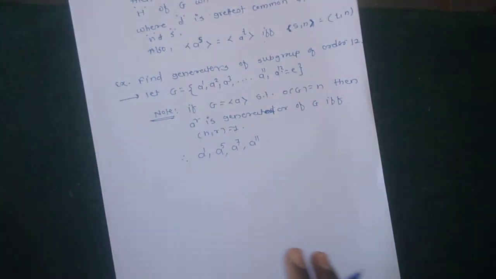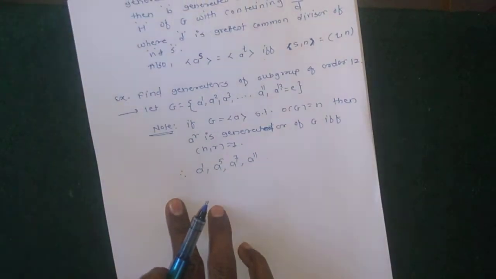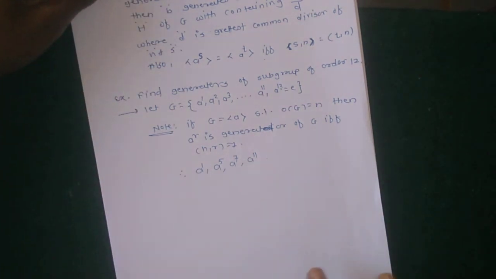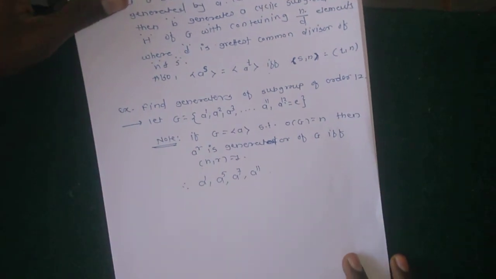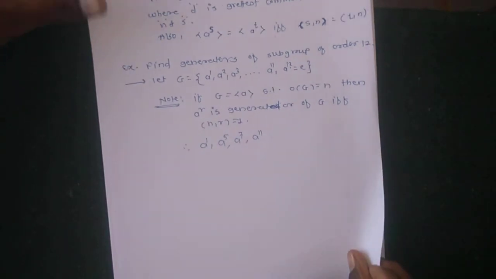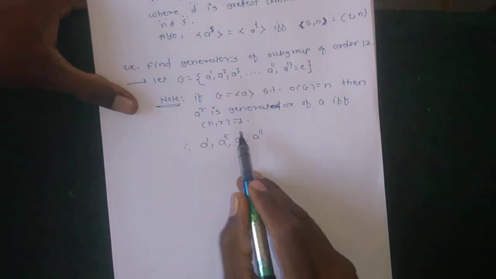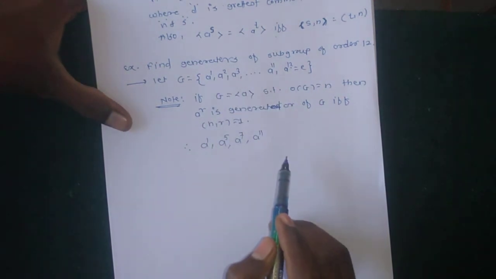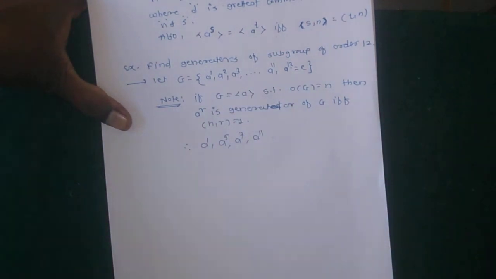Okay, so using these notes, how do we find a generator? We choose the numbers which are relatively prime to n, the order of G. For a subgroup, we only choose divisors. If we want generators, we choose the relatively prime numbers, and if we want subgroups, we find the divisors.